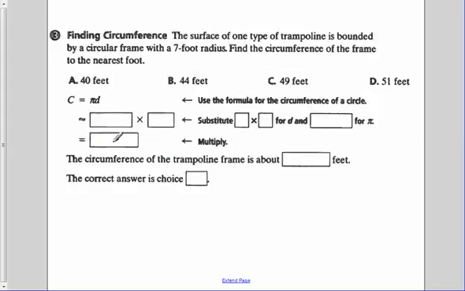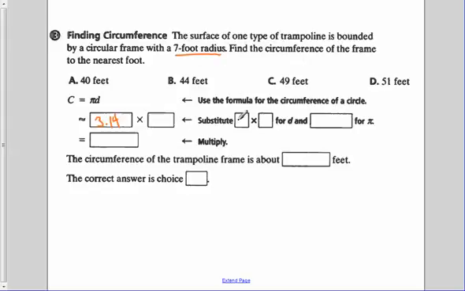The surface of one type of trampoline is bounded by a circular frame with a 7-foot radius. Find the circumference of the frame to the nearest foot. So the formula for circumference is pi d, and we will use 3.14. We say that this is about because pi is never ending, and we're cutting off pi at 3.14 instead of continuing on into its infinite value. So we multiply 3.14 by the diameter.